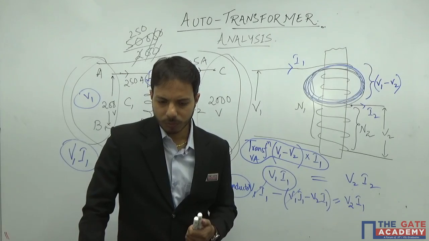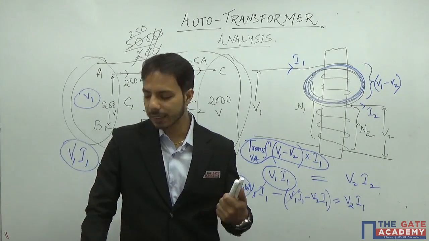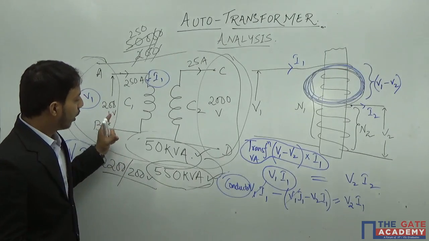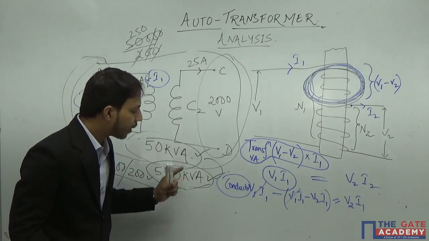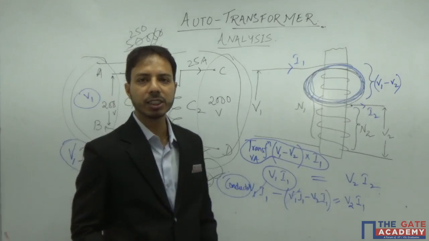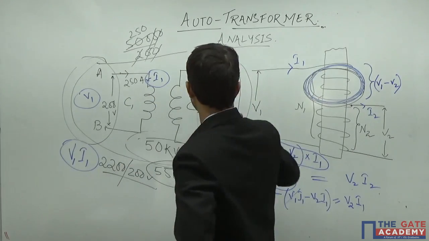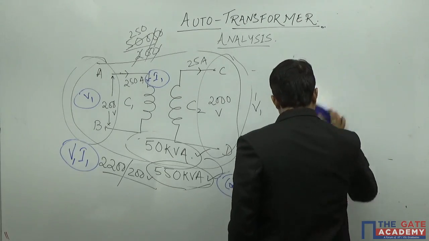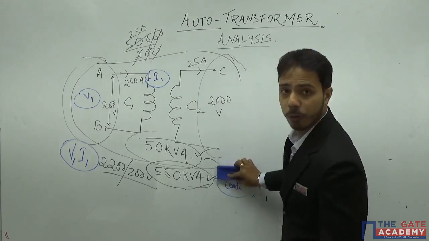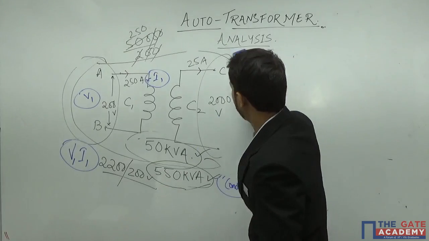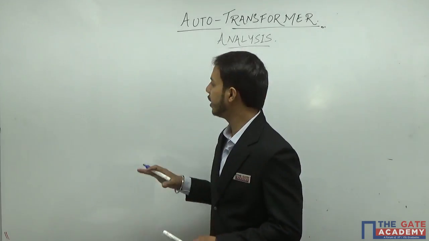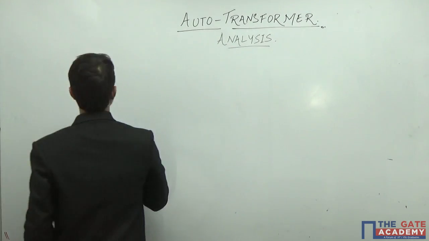So before we go, now let us understand how we will get different kVA ratings from the same two-winding transformer. So let us understand the rating part, which is very, very important with respect to GATE. Suppose there is a two-winding transformer.